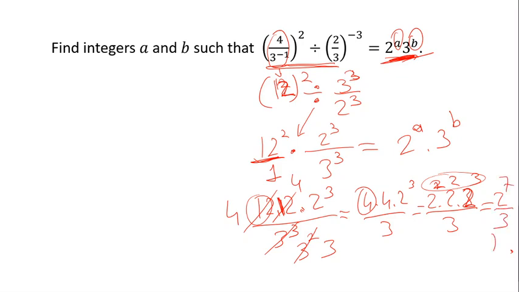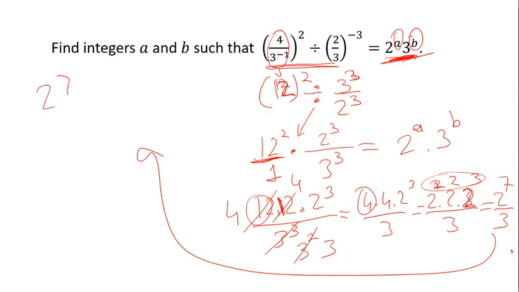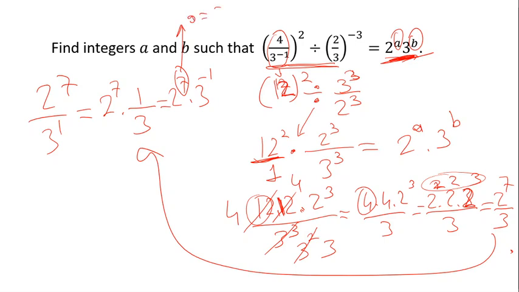So the question here is, how can you write 2 to the 7th over 3? You can write it like 2 to the 7th times 1 over 3, and this will be 2 to the 7th times 3 to the negative first power. So then A is 7 and B is -1.